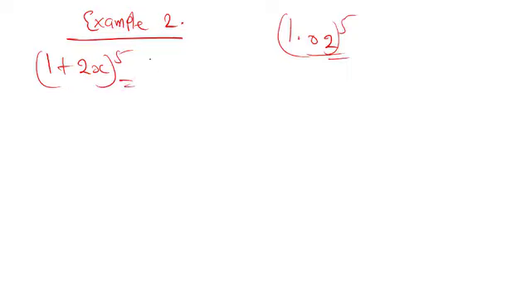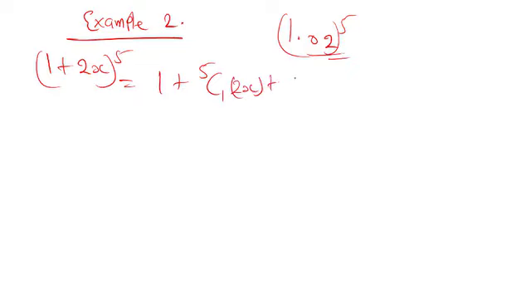This is equivalent to, remember our formula, binomial theorem. 1 plus is 5 combination 1, we now state okay, this is 1. You have your 2x, which is 1.